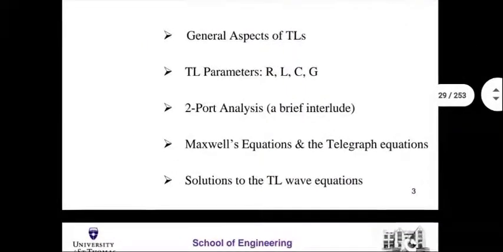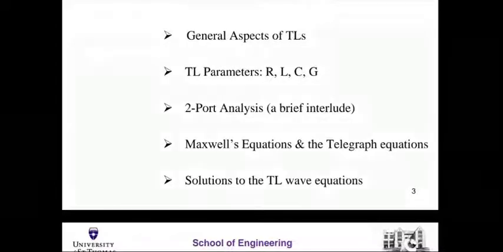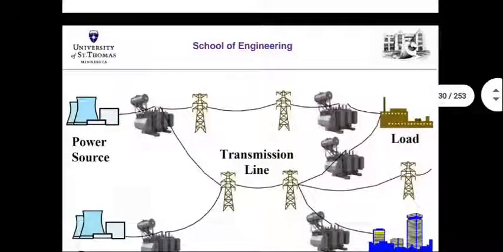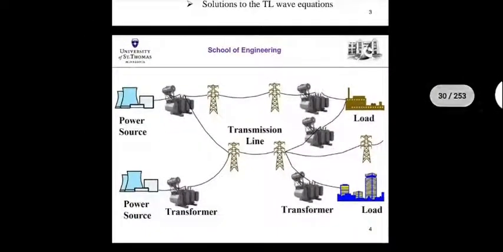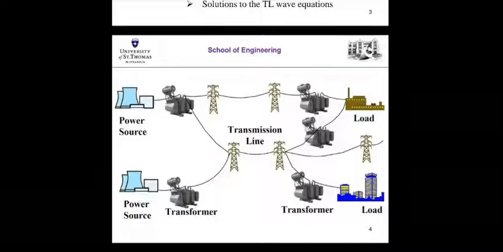You know these four parameters of the transmission line, RLCG, which are obtained based on electromagnetics. This is how the power system looks like. I have done this in the past, but I'm repeating it now. You may have a better appreciation of it now.